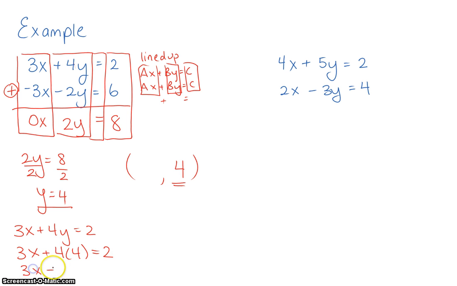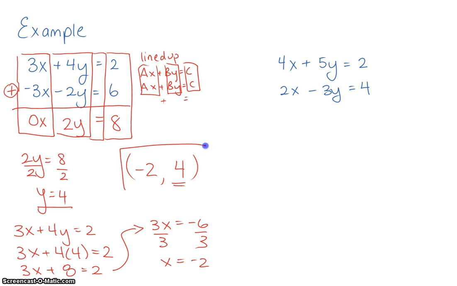You then get 3x plus 8 equal to 2, and then I'll have 3x, so I have minus 8 on each side, negative 6, and then if I divide by 3, you get x is equal to negative 2. So that is my final solution, because I've solved for both my x and my y by first eliminating one of the variables, solving for that variable, plugging it back in, and getting my second coordinate.